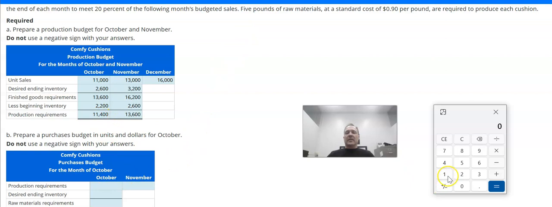We just take this 11,400 for October and simply multiply that by 5 pounds, and that's going to give us 57,000. And then we're going to do the same thing for November, but we're going to use the 13,600 finished goods units and multiply that by 5 to come up with 68,000.